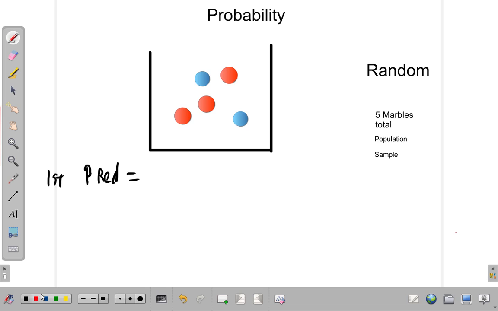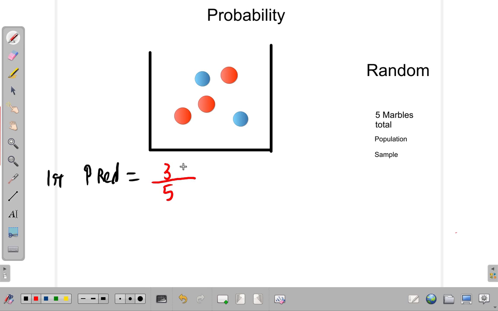Since it is red, let me calculate in red. It is the number of red, 3, divided by the total number of marbles, which is 5. Alright? So it is 3/5. Let's keep it as a fraction for now.